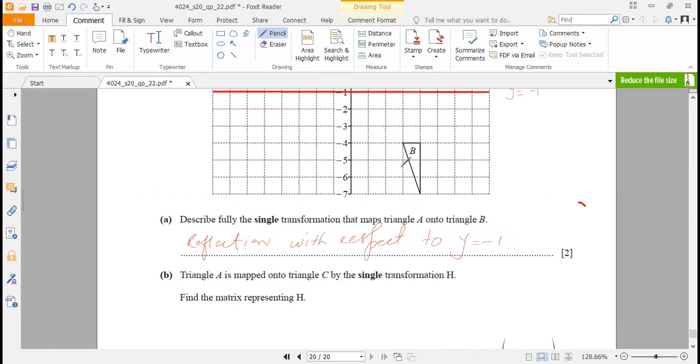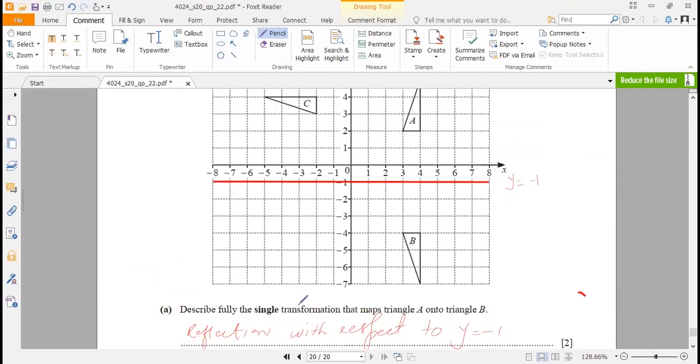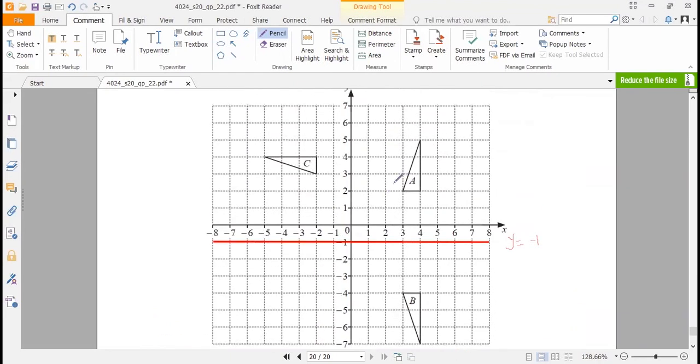Now come to part B. Triangle A is mapped onto triangle C by a single transformation H. You have to find the matrix representing H. This is triangle A and this is triangle C. If you observe both shapes, it is quite clear that only a rotation is possible in this case.